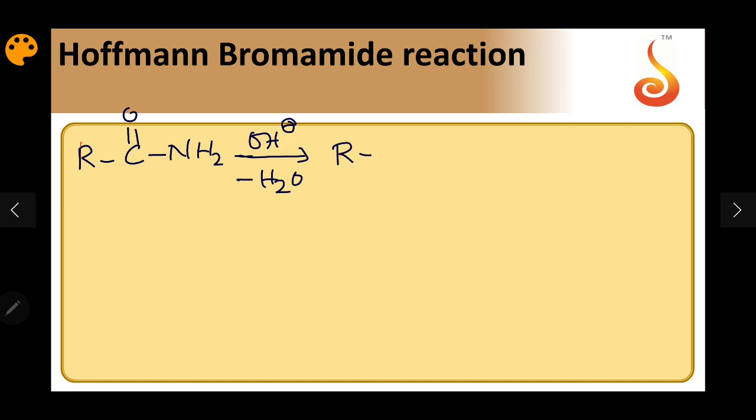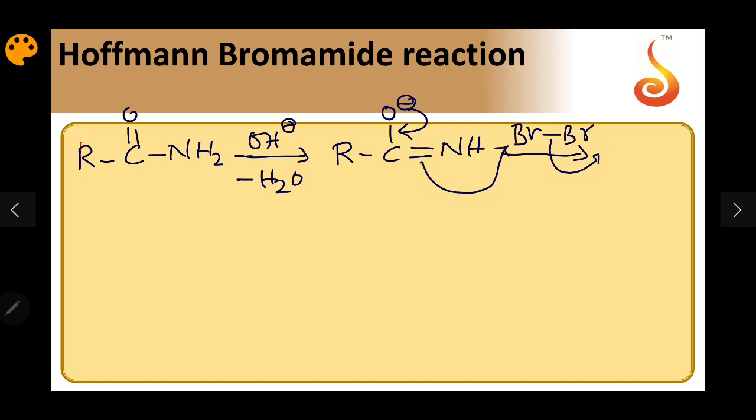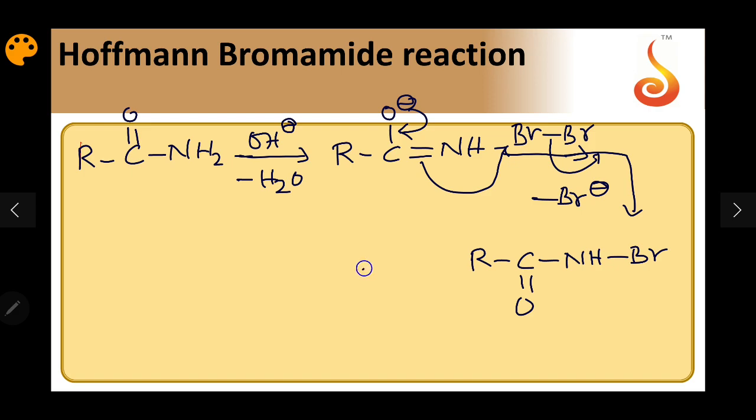So this will be RCO minus double bond NH. Now in the reacting medium we have Br2. So this negative charge comes back, this Br gets added. So loss of Br minus forms RC double bond O NHBr. One more acidic hydrogen is there now. OH minus will take that also.